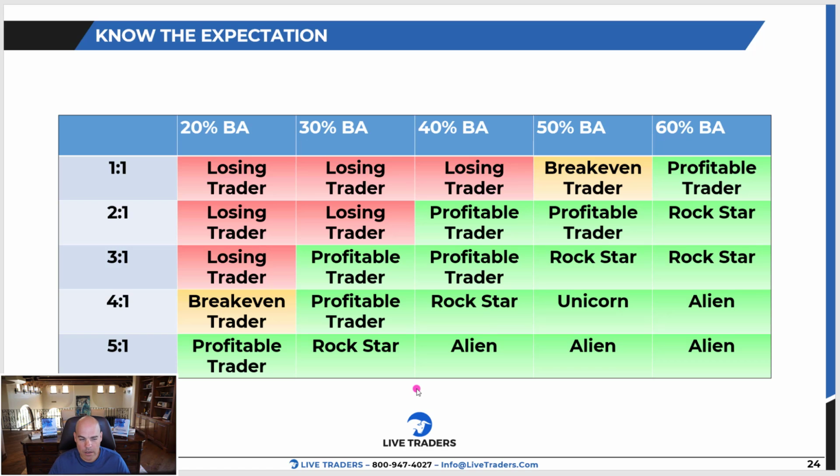If you're doing 4-to-1 profit targets or 5-to-1 profit targets, you're going to be in those trades a long time, and a lot of them are going to stop out. A lot of trades are going to stop out. Okay? A lot.